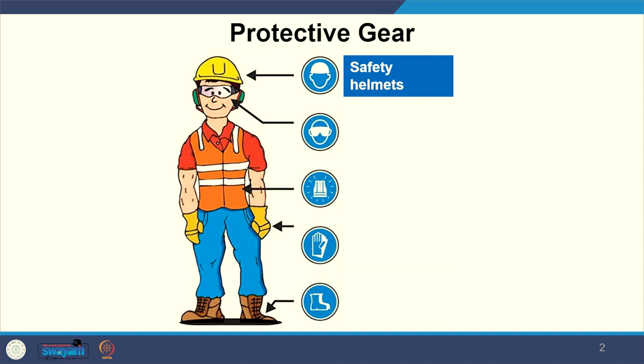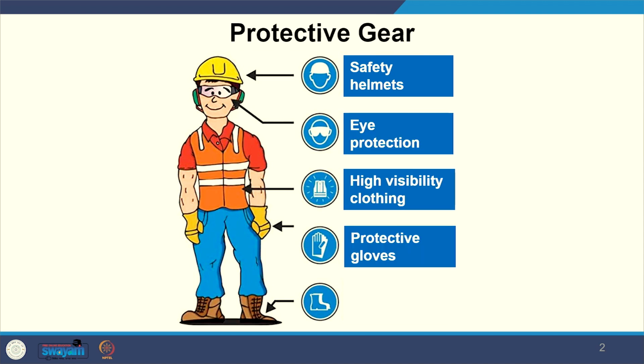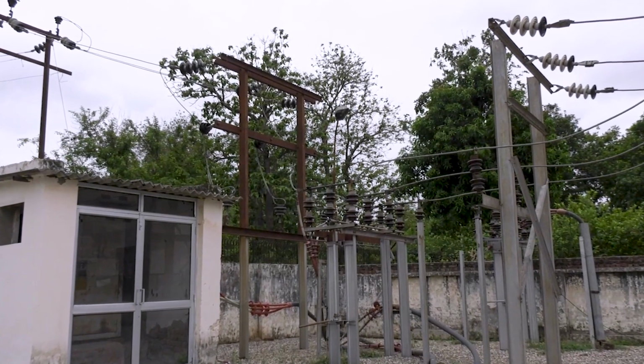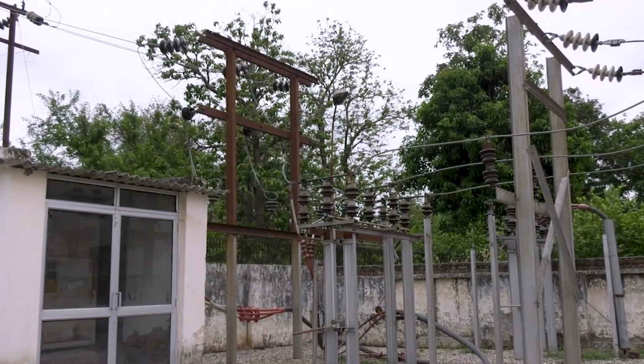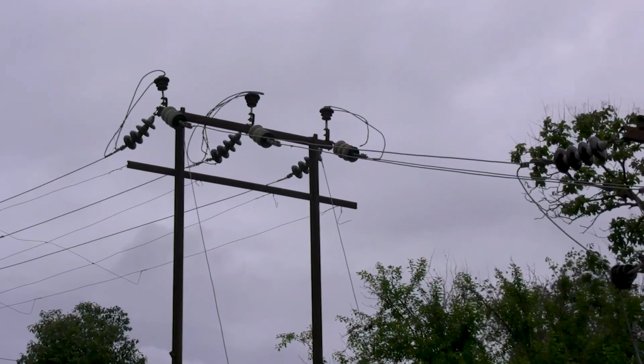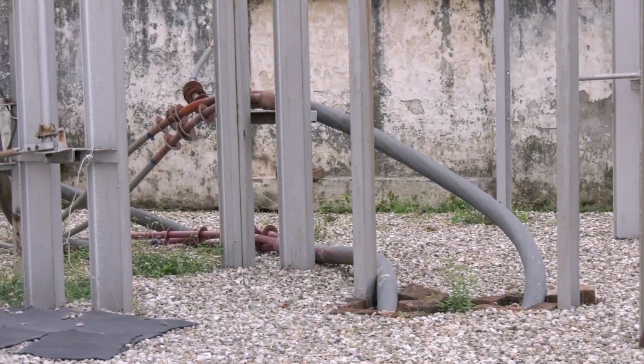First and foremost, it is crucial to wear protective gear such as helmets and safety vests before inspecting any substation. The power supply to IIT Roorkee comes from the 220 kV Ramnagar substation through two ways, an overhead line and an underground cable.